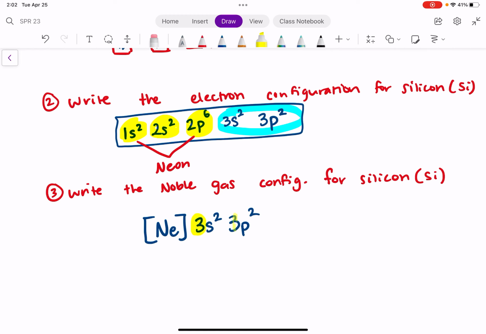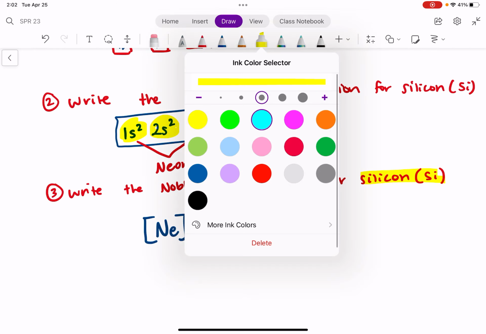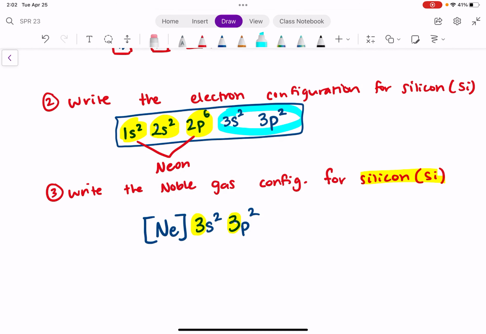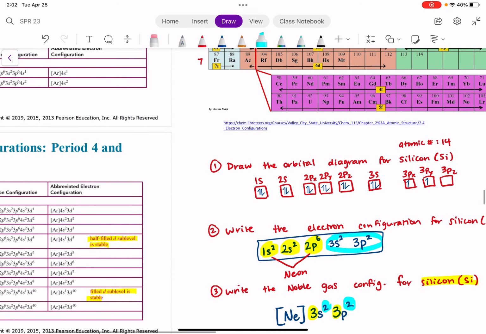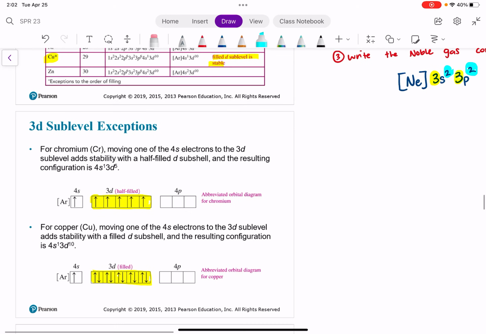I'm in my highest energy level, which is 3 for this element, silicon. And I can see very clearly now that I have my noble gas configuration done, that I have 4 electrons in my highest energy level. I think it's really cool. So I hope that helps. Let's keep moving along here.